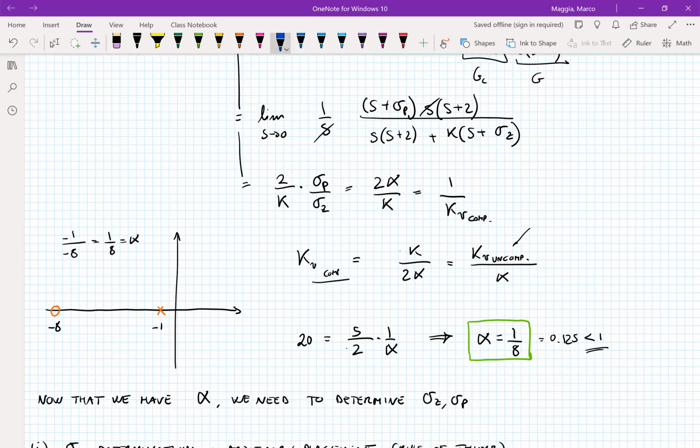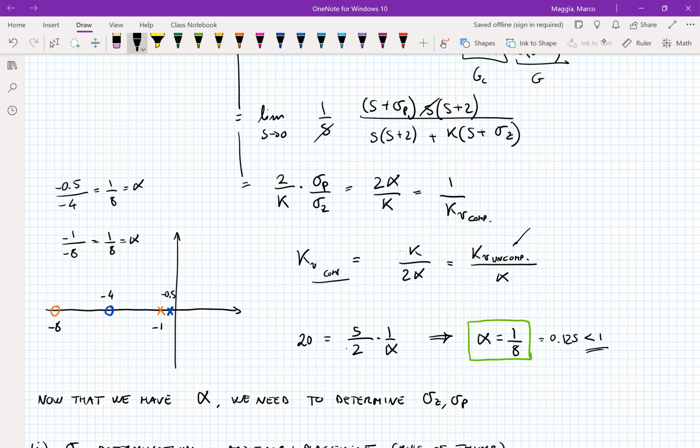But using the same reasoning, we could have the pole at minus 0.5 and the zero at minus 4. Minus 0.5 over minus 4 is still 1 over 8, which is still our alpha. So you see there are an infinite amount of choices for the pole and for the zero of the lag compensator.